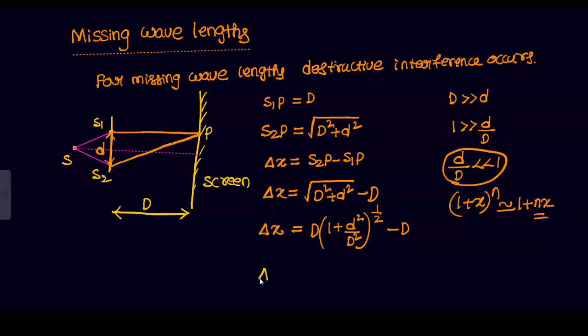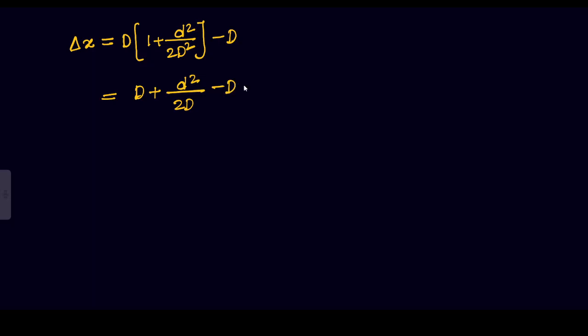From this, delta x is equal to capital D into (1 plus, the n will come as a coefficient, that is 1 by 2, into d square by capital D square) minus capital D. So the path difference delta x is equal to capital D into (1 plus d square by 2 capital D square) minus capital D. If we multiply this, we get D plus d square by 2D minus D. D will get cancelled.